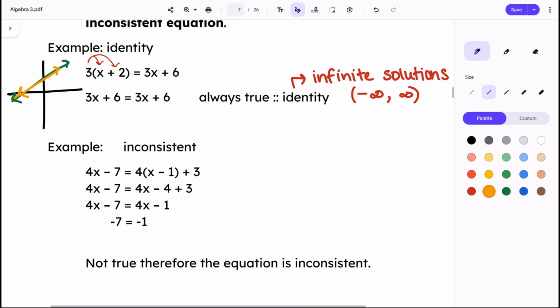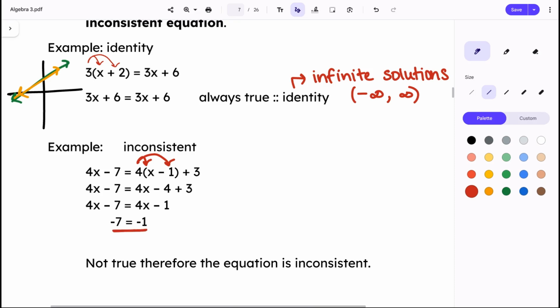Now the second example is inconsistent. So when I look at these kind of separated out, again, they distribute the 4 over here. And so they got 4x minus 4, and then they added that 3 on. But this time when they did that, they had 4 x's, but the left side said -7 and the right side became a -1. The 4 x's will cancel off if I were to combine them, and I'm left with this expression that says -7 equals -1.